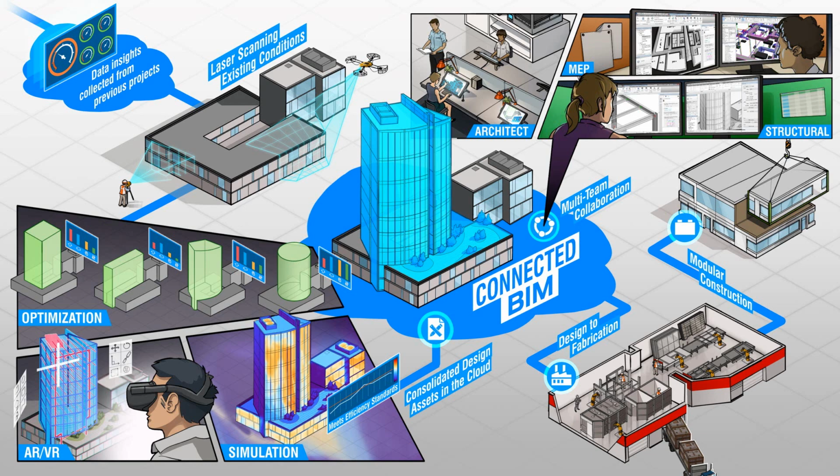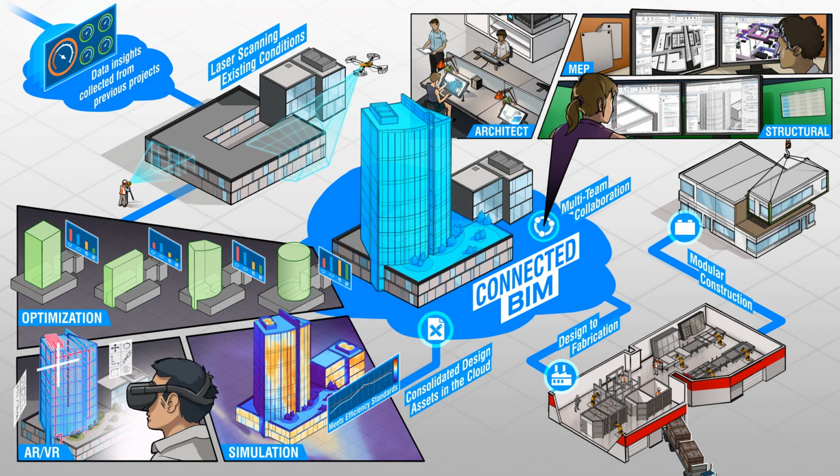So a bit of a visual graphic here to show you the concept of when you introduce the cloud, you end up with what we would refer to as connected BIM. But you can see how bringing everything into that cloud space could potentially lead to optimization, maybe AR, VR, maybe utilizing the cloud space for simulation.